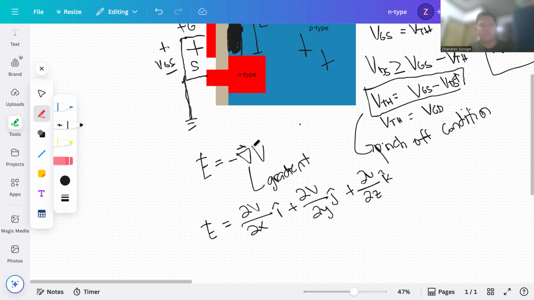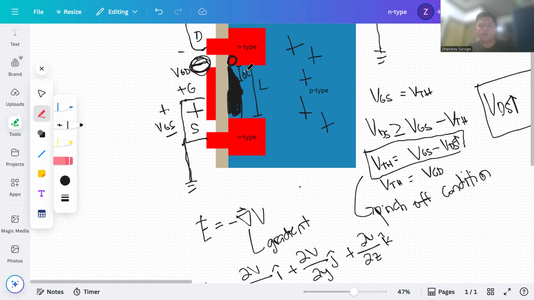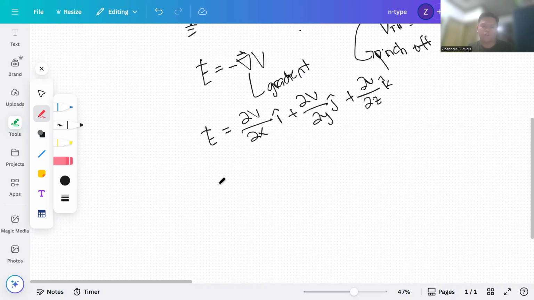Pero the thing is, we are only considering itong difference na to. So that's just in one direction. Yung length lang. Ayan, maliit na length lang. So we can say na E is just equal to negative dV over dx. And then this dx right here, yung delta L natin.